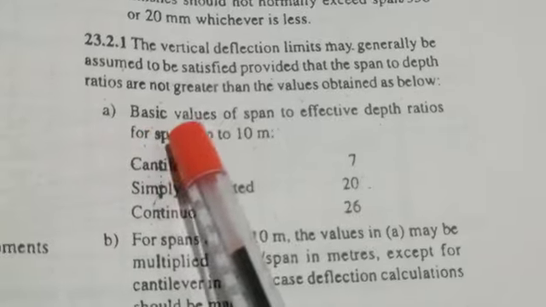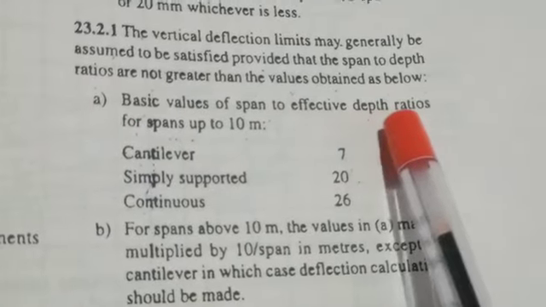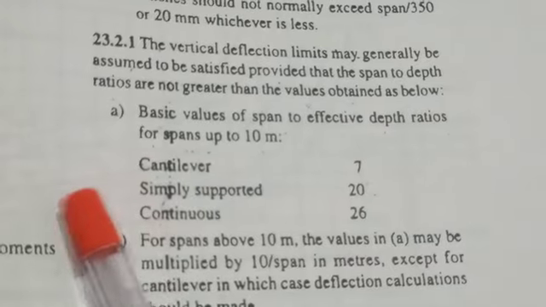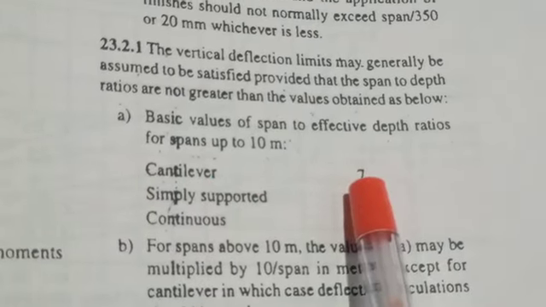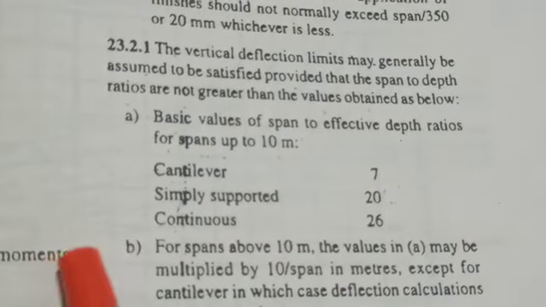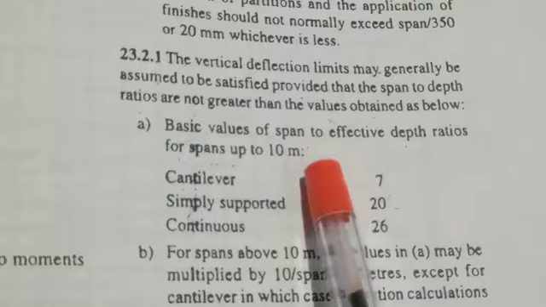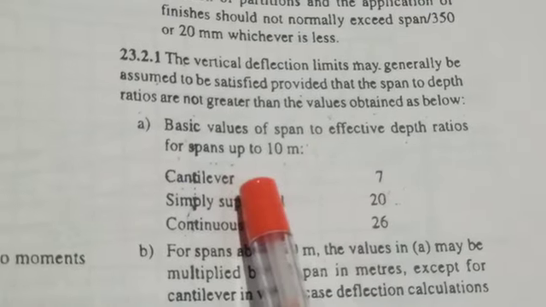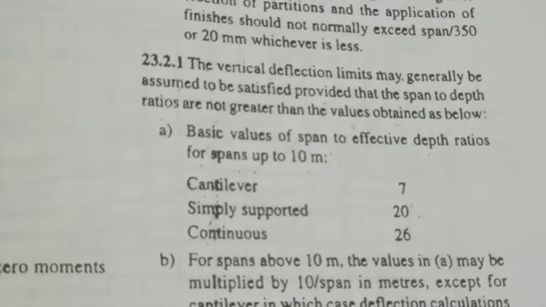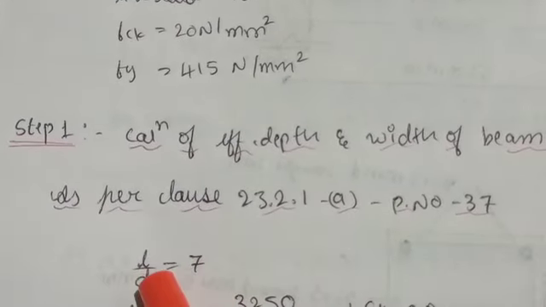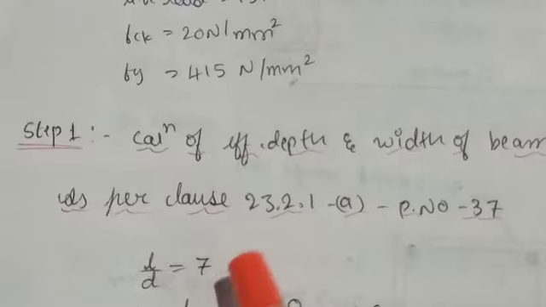They have said basic values of span to effective depth ratio for spans up to 10 meter. For cantilever beam they have given 7. So now we are designing the cantilever beam, no? The L by D ratio for cantilever beam should not be greater than 7. So I have taken L by D is equal to 7.